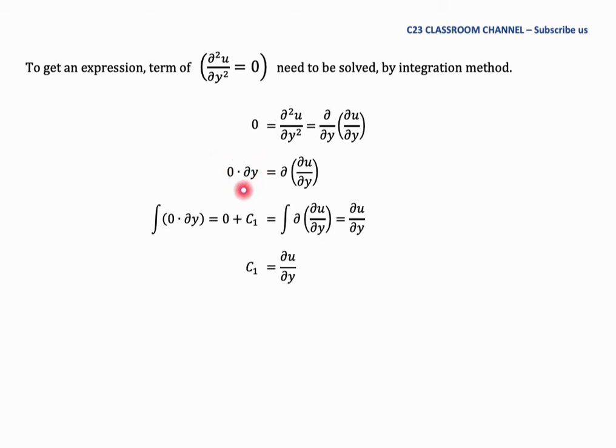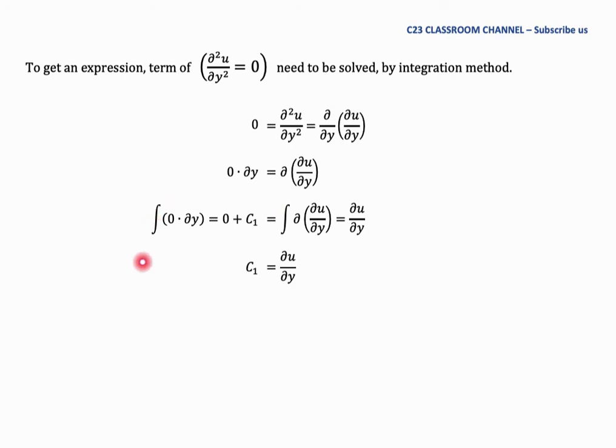The trick is, please remember, we want to solve this term by using the integration method. So please do not say that 0 times del y here will equal 0, because that will ruin your calculation. Please leave this term as it is, and then we integrate both sides.